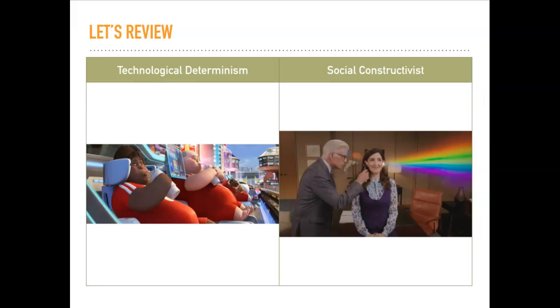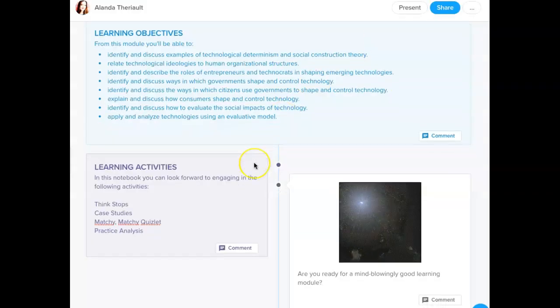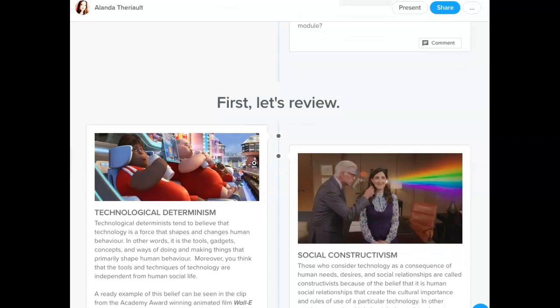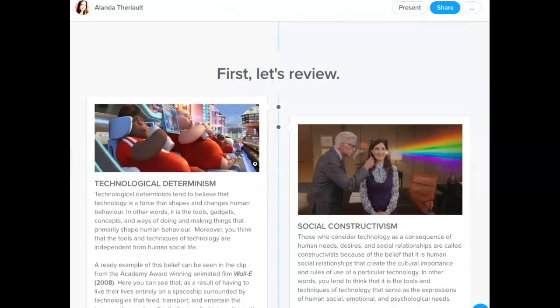You're probably wondering, why is there this image from the movie WALL-E, and is this Janet from the television show The Good Place? Yes, it is. I'm using these as examples of these different theories. So let's pop over to our learning notebook.